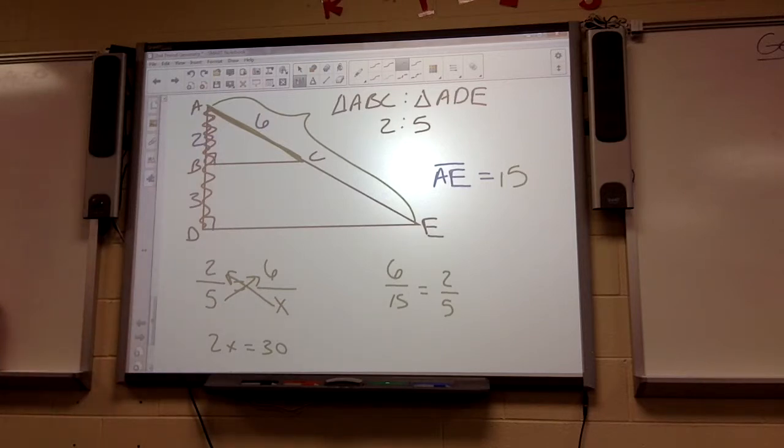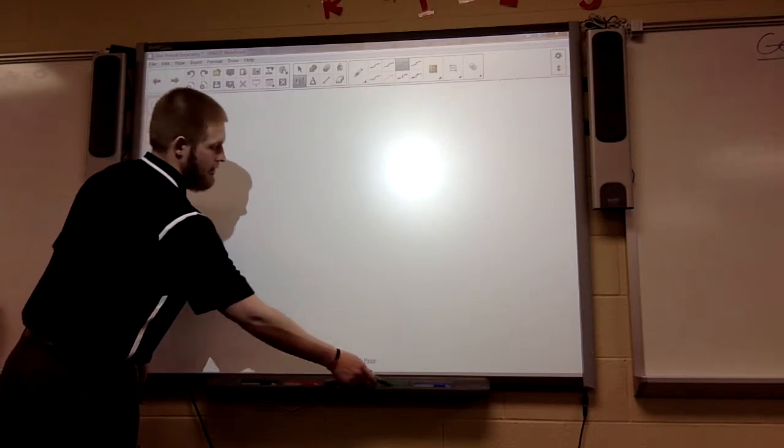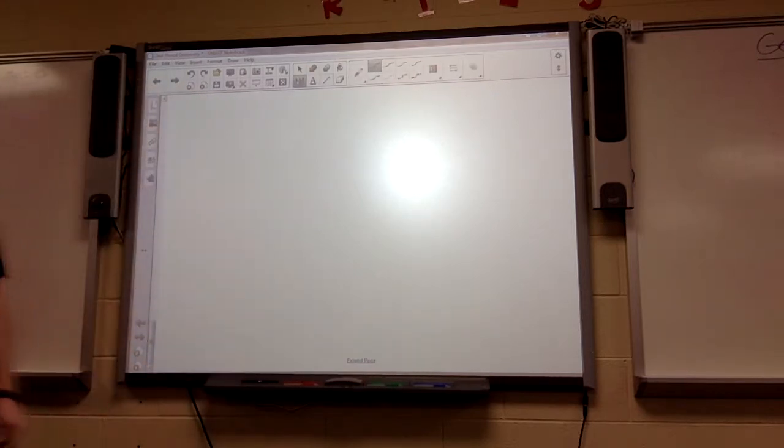Now, there's another way you could have solved this one, and I'm going to have you do that on this next problem. But the next problem isn't going to be a triangle.